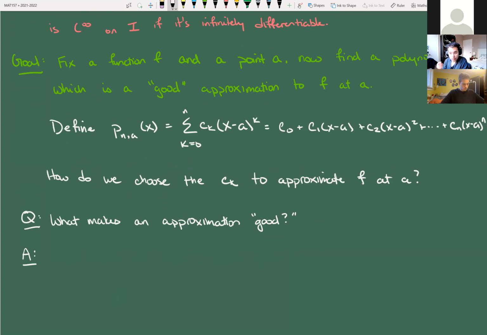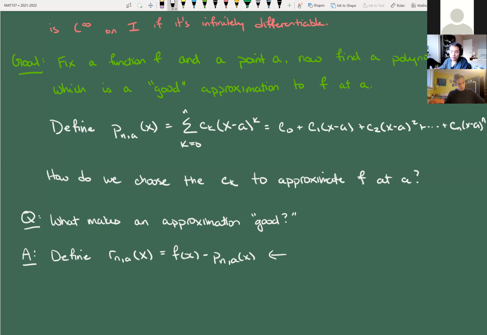What we're going to do is compute the error. Okay, I'm going to define this as R_{n,a}(x), and that's going to be f(x) minus our approximating polynomial, right? So this is the error. It is the difference between the function's value itself and what the polynomial approximates it to be.